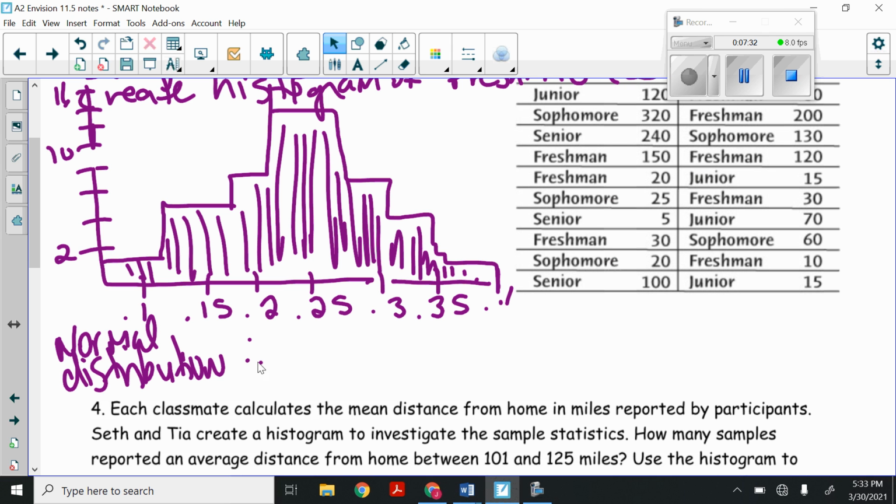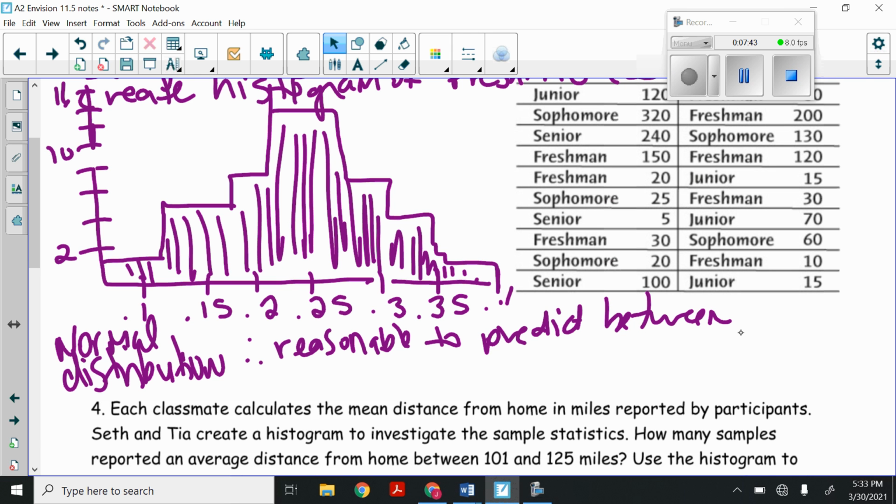Therefore, it's reasonable to predict between 0.1 and 0.35 are freshmen, because that's what this histogram tells us.